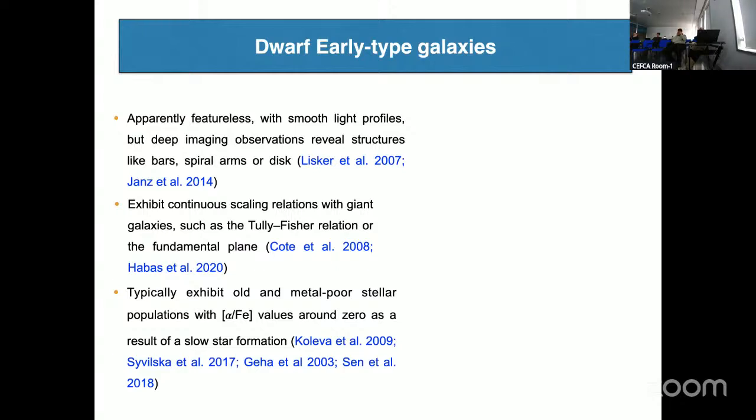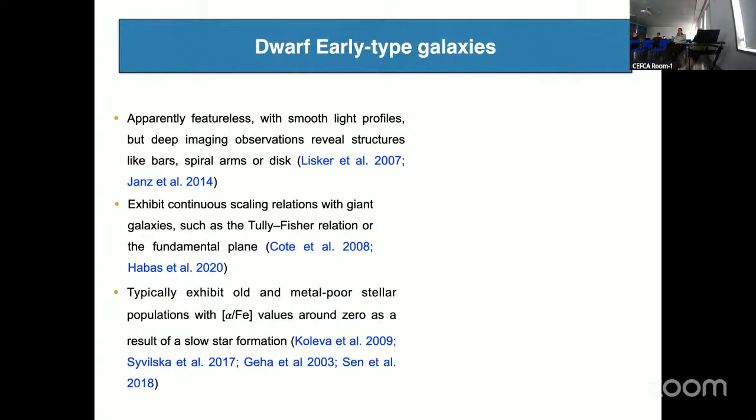Dwarfs exhibit continuous relations from the giant to the bright galaxies, such as the Fundamental Plane and so on. Typically, the stellar content is old, metal-poor stellar population with values of alpha enhancement around 0.